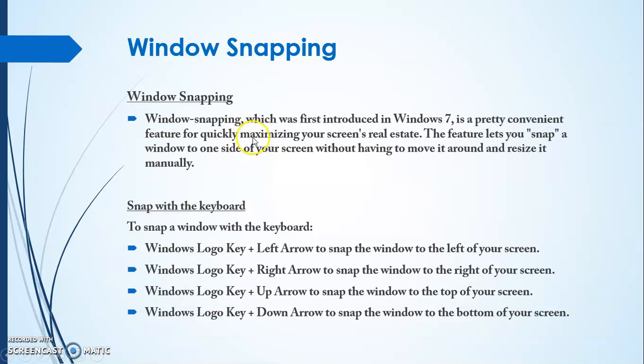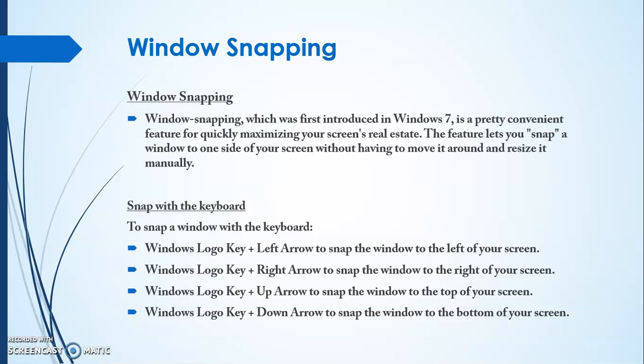So you can quickly maximize or minimize your actual screen very quickly. This feature lets you snap a window to one side of your screen, meaning quickly shuffle it from one side of your screen without having to move, drag or resize it yourself. We will just snap it, we will quickly shuffle it.